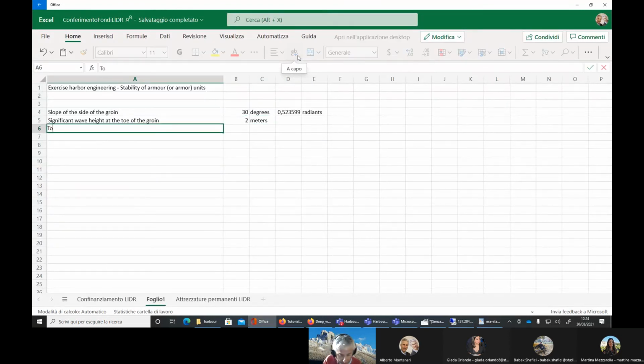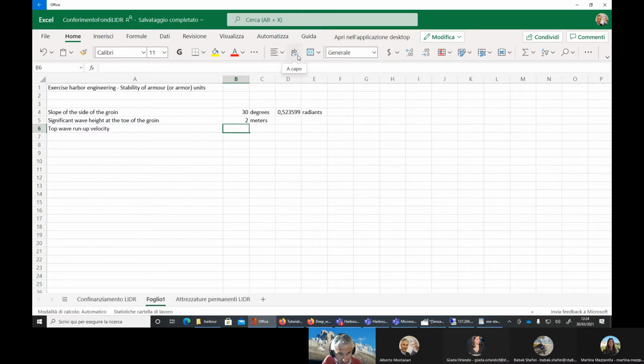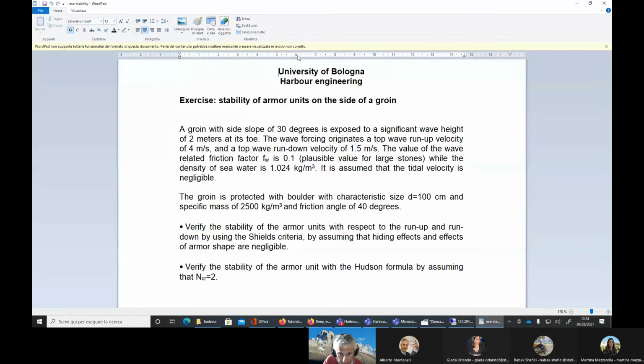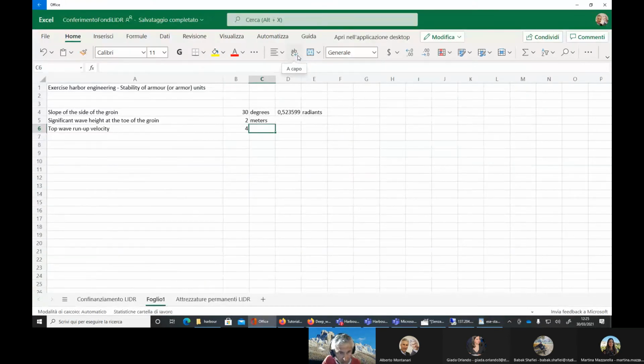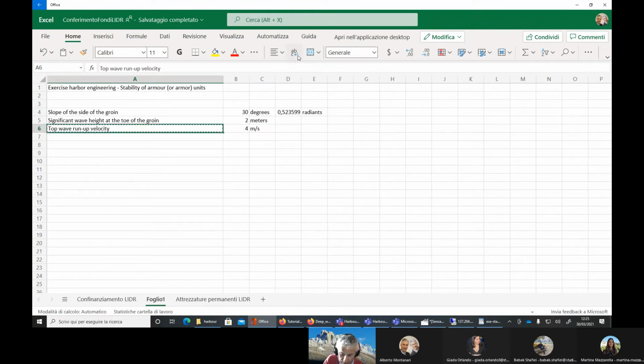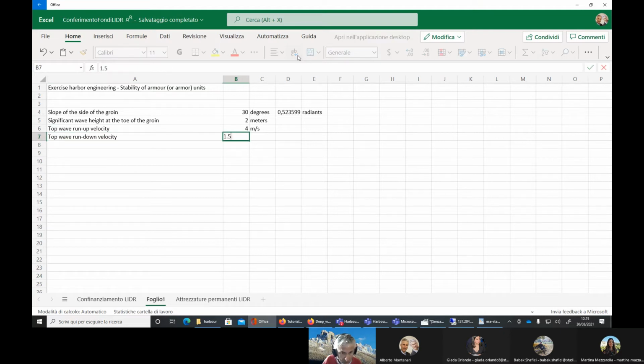Now, the top wave run-up velocity. If I remember, this is 4 meters per second. And then there is the top wave run-down velocity, which is 1.5 meters per second. Good.